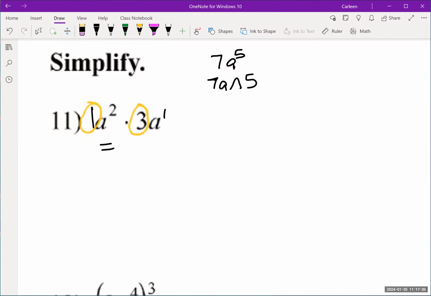Add or multiply? Yeah, we multiply the exponent. Okay, so we multiplied the exponent. And then what do we do with, sorry, oh, my bad. We multiplied the coefficient. Whoops.